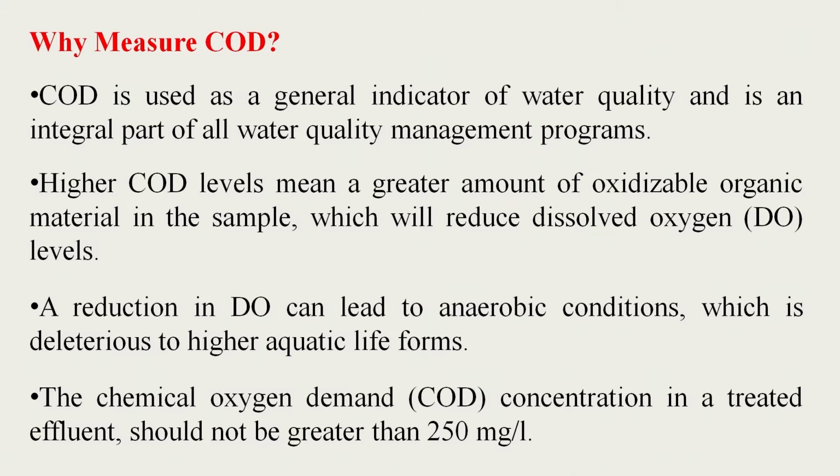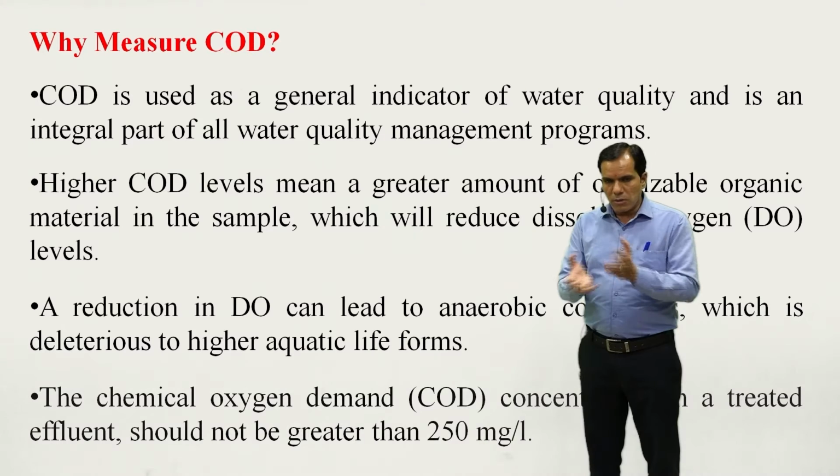It means if the value of chemical oxygen demand is higher, the dissolving capacity of oxygen is reduced, and therefore anaerobic conditions are generated, which is deleterious to higher aquatic life forms. That is, aquatic life, such as bacteria, fungus and other plants, cannot use dissolved oxygen.